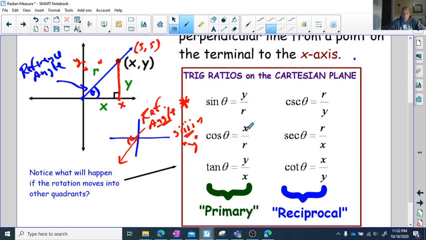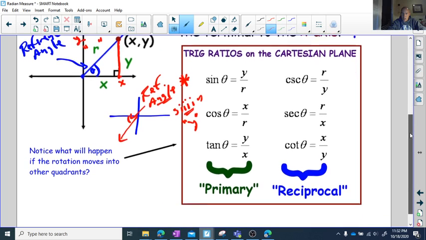Cosine goes with x. There's no little memory device for that one, but there are only 2, x or y. So sine goes with y, cosine goes with x, and tangent is both of them, the y divided by the x. Again, that may or may not help you, but that's what I use to make sure I know that sine goes with y.